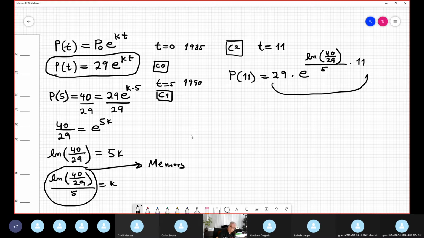And exponent I put K multiplication by 11. Boom. I got it.